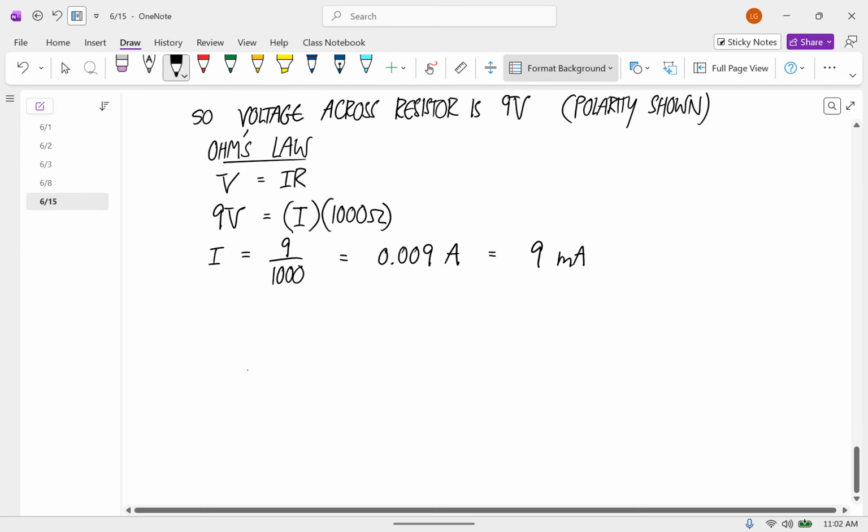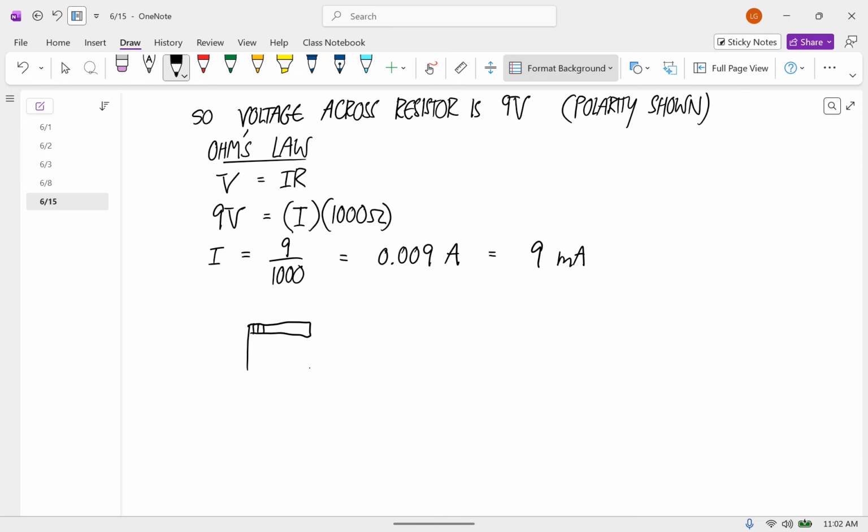And if I draw this resistor one more time, here's what we've learned. We have a voltage of 9 volts with the polarity in this direction.